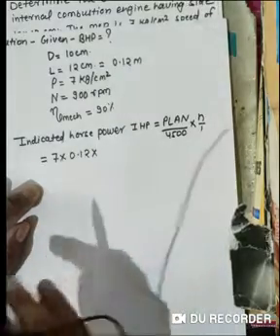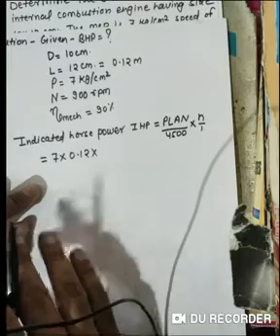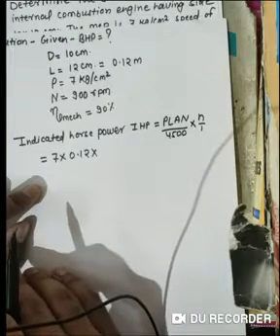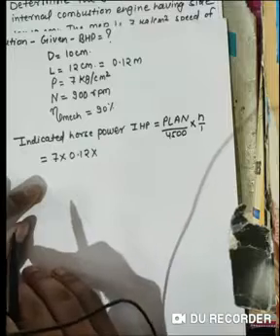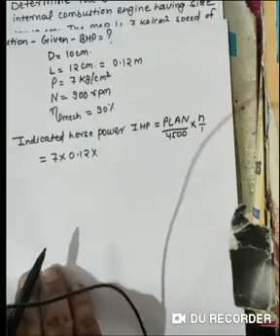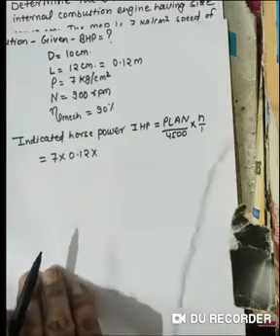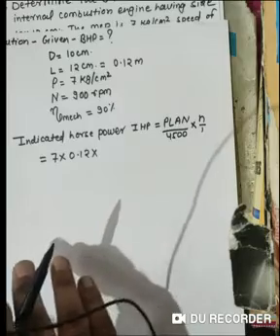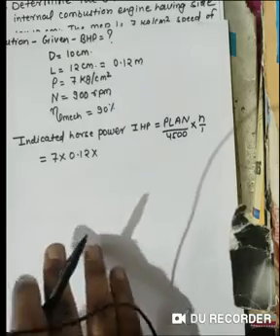And the area of the piston, because the piston is circular, so its area is pi r square. Okay, but r is replaced by d by 2. Half of the diameter is the radius. So r square means d by 2 square, so the term becomes pi d square by 4.